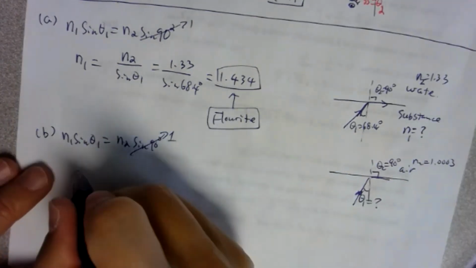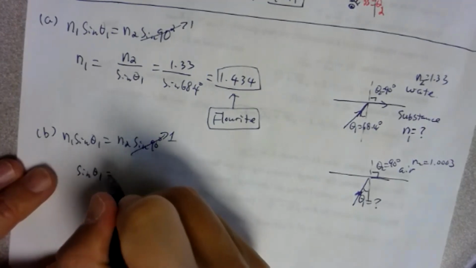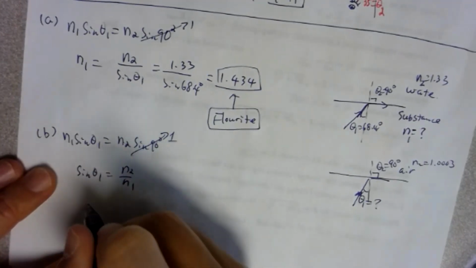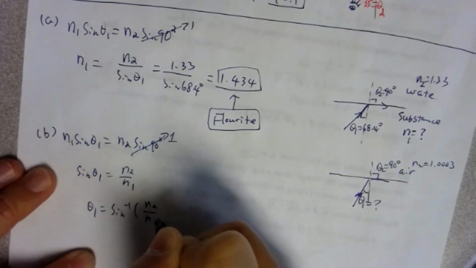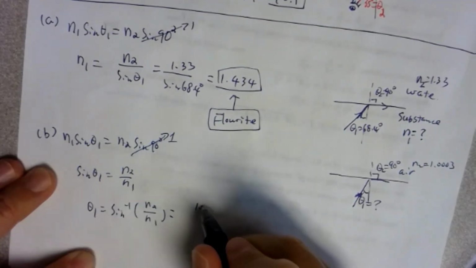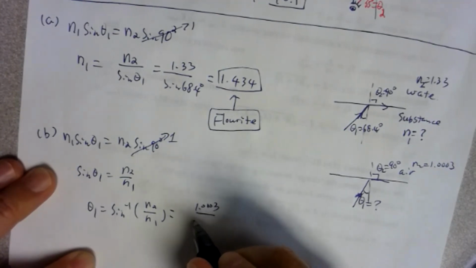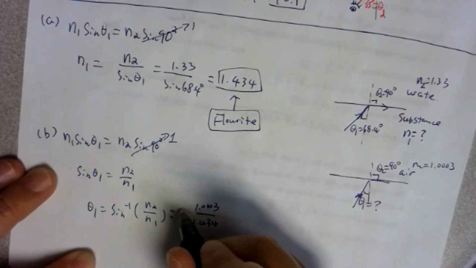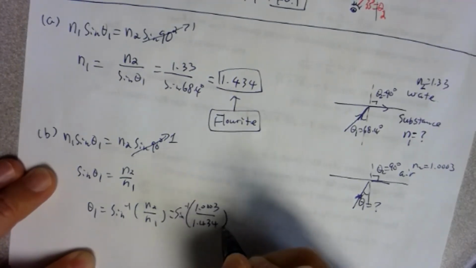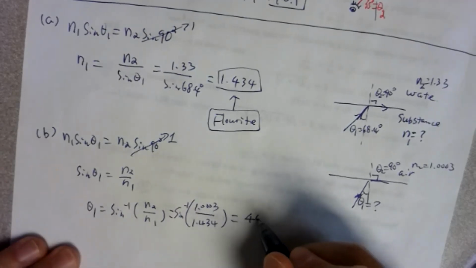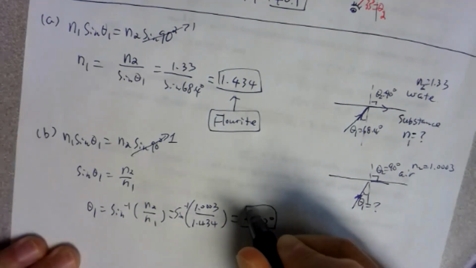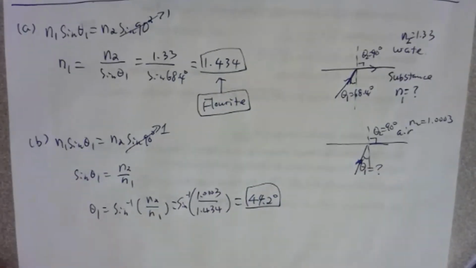So that's 1. Sine of theta 1 is equal to n2 over n1. Theta 1 is sine inverse of n2 over n1, where n2 is 1.0003 and n1 is 1.434. That gives you 44.2 degrees.